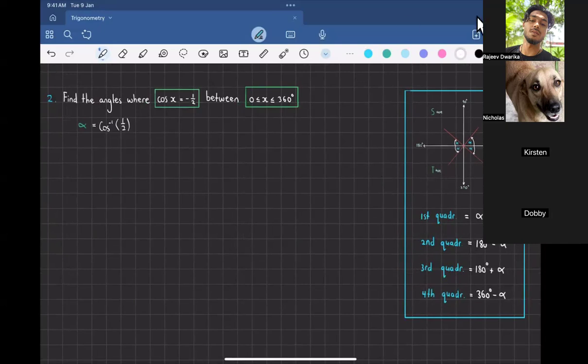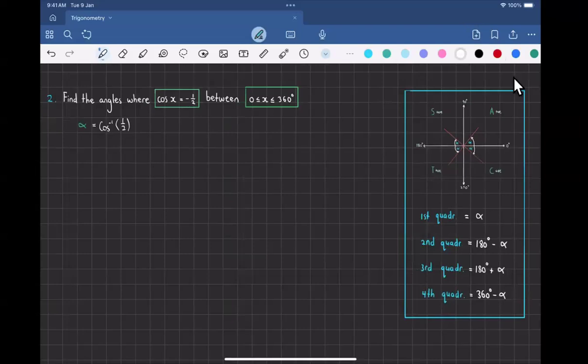Tell me all that information. Is cosine positive in this question or is cosine negative in this question? Gotta tell me.